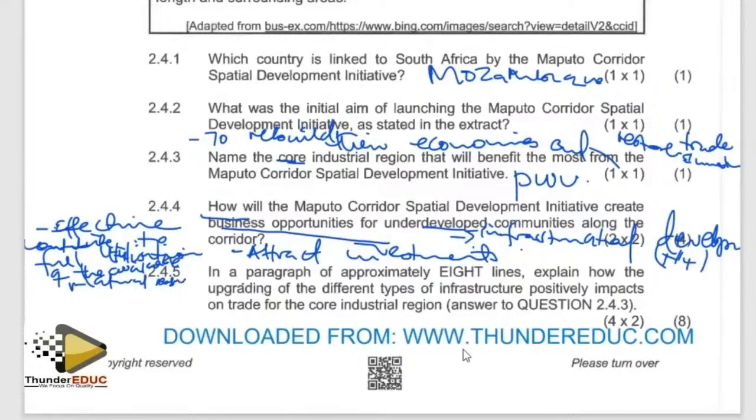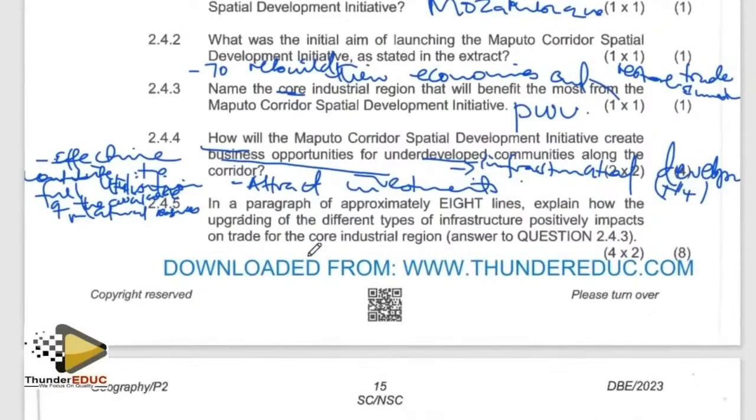So they will be basically used because of the road so that they can get the effective use of those resources. Lastly, under this section, in a paragraph of approximately 8 lines, it's a paragraph question now.